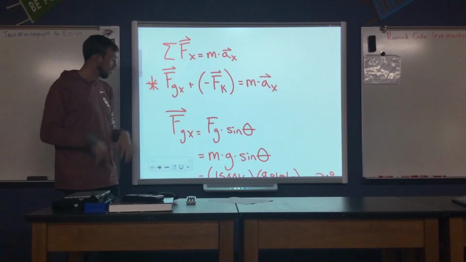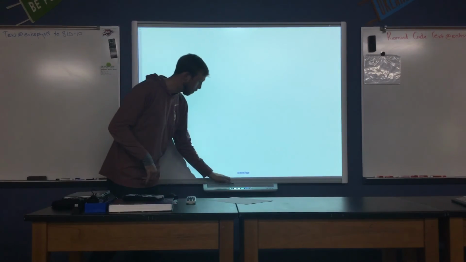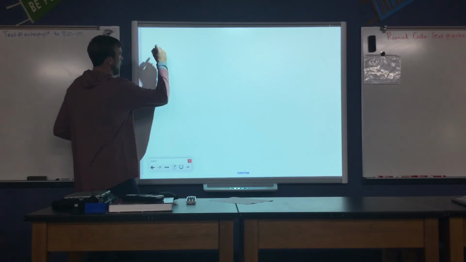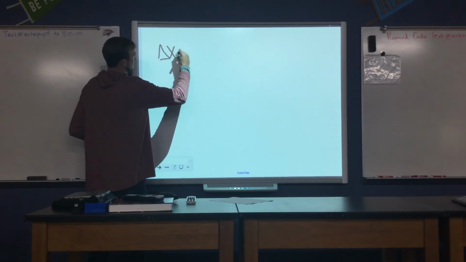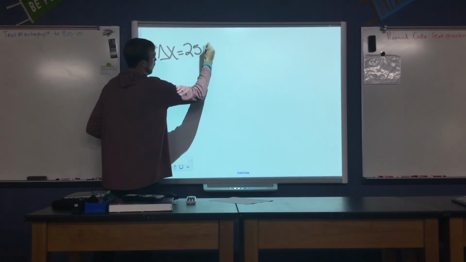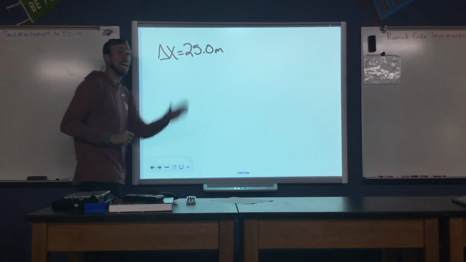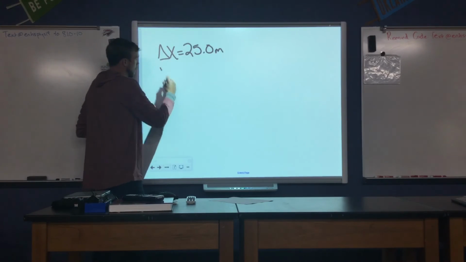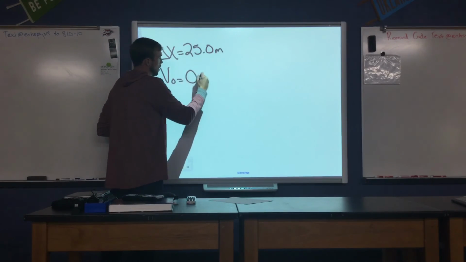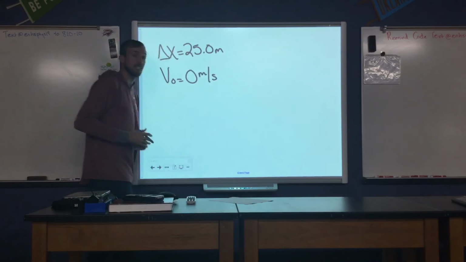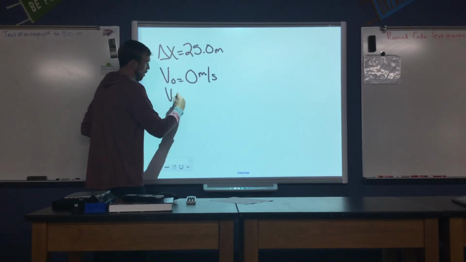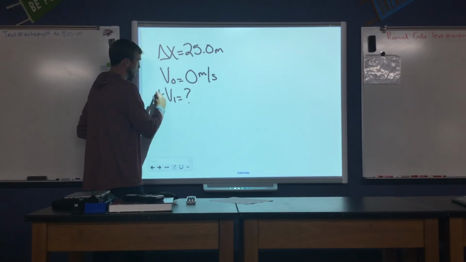So now, to bring all of this together, this becomes really a kinematics problem. We know we're traveling a displacement of 25 meters in the x direction down the plane. We're told we are starting from rest, so our initial velocity is 0. We want to find our final velocity, so put a star by v1.